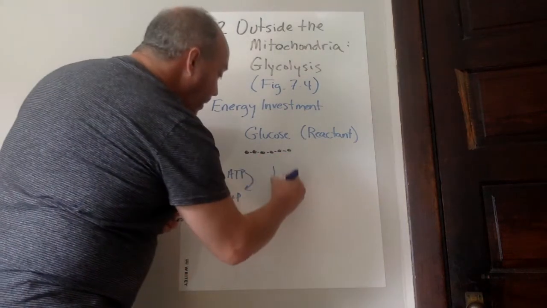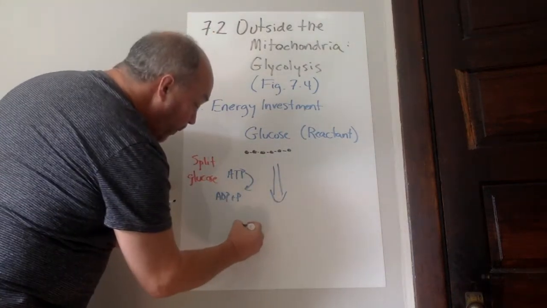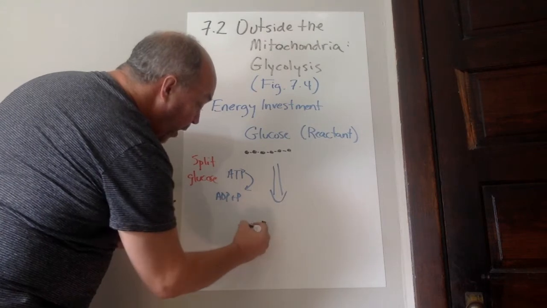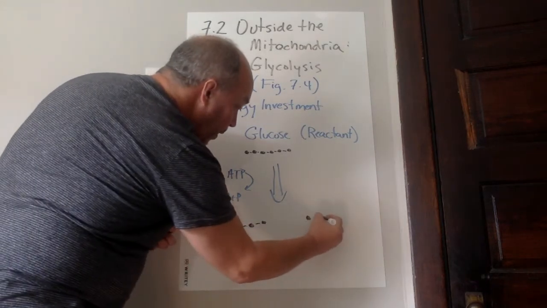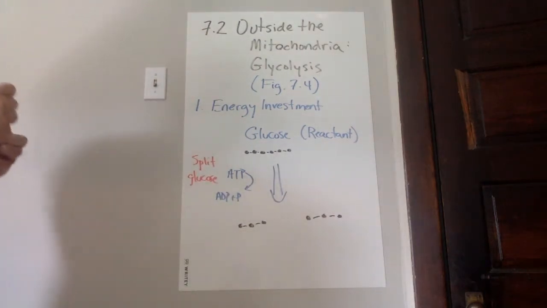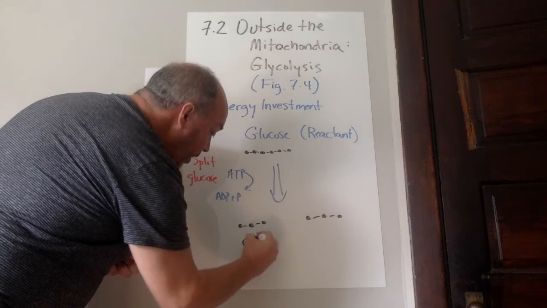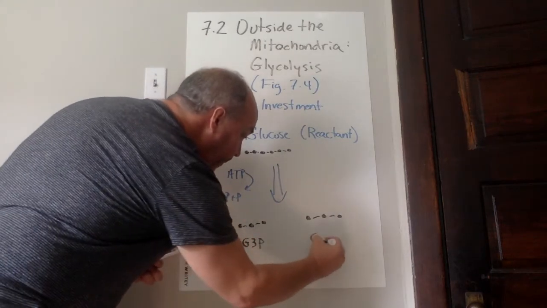And when we split it, we will get 2 3-carbon molecules. So remember, black marbles in our molecule set were carbon. These molecules are called G3P.